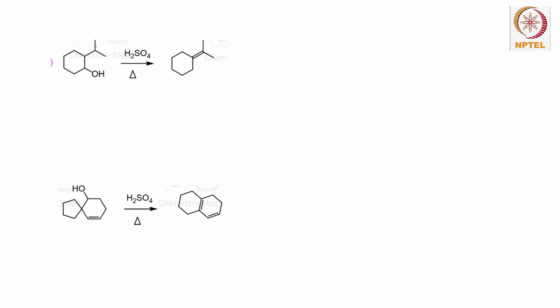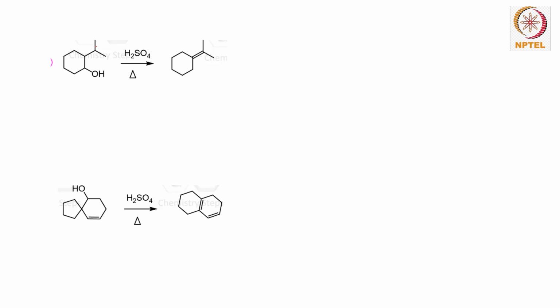Because B has 6 alpha hydrogens, and A has 8 alpha hydrogens, more hyperconjugative structures are possible for A, so you can get an idea of the reactivity. Our target will be to form the carbocation. A has 8 alpha hydrogens, B has 6 alpha hydrogens with this pi bond resonance, and C has 6 alpha hydrogens with this oxygen resonance.